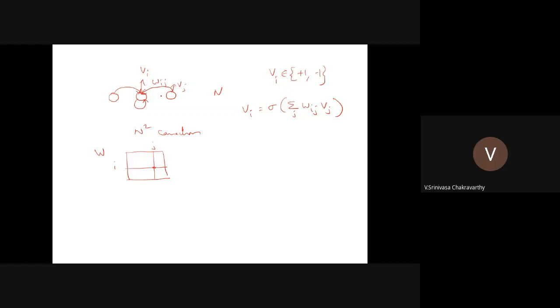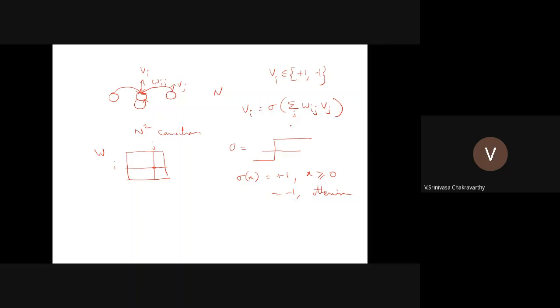So there's a direction to each connection. You sum up all that and it passes through this function sigma, and that's the output vi. And sigma is the sign or signum function. We know the definition, right? It is equal to +1 for x greater than or equal to 0 and equal to -1 otherwise.